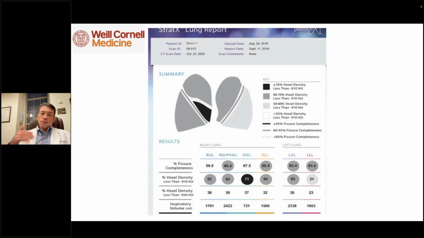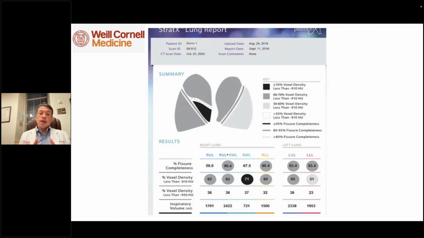And then as you get more and more percentage of these voxels that is closer to -1,000, you get closer to the black, which is greater than 70% voxels. And in clinical trials, if you're using this particular cutoff, investigators said arbitrarily that 50% or less is considered normal lung, and above 50 may be treated. And so that's how you come up with those numbers.